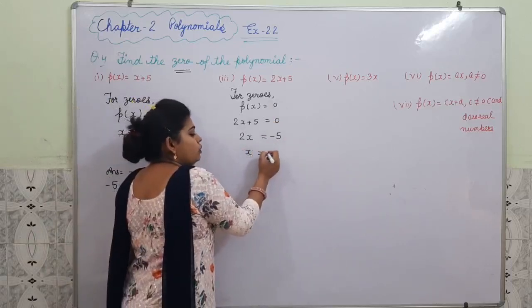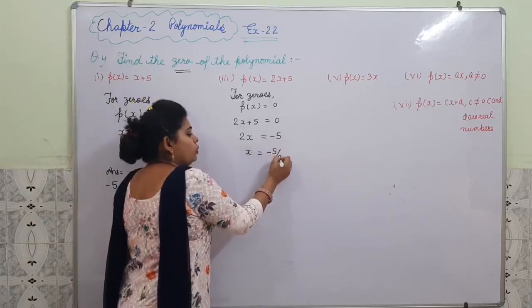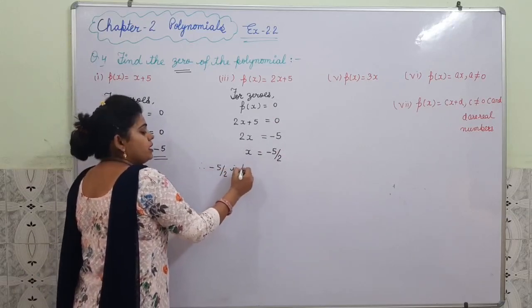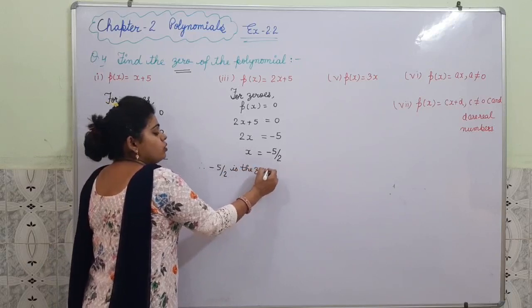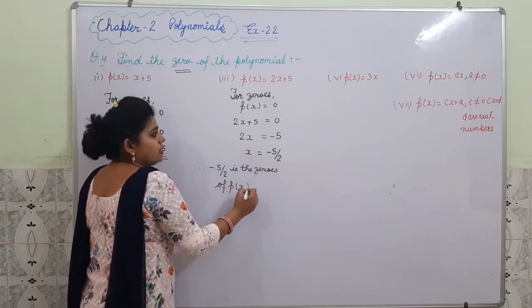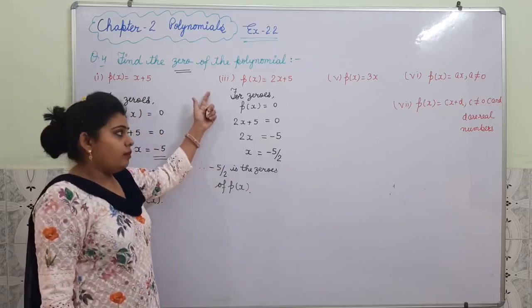X will equal minus 5 by 2. So minus 5 by 2 is the zero of p of x. This is its third part.